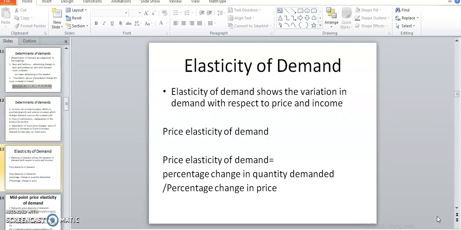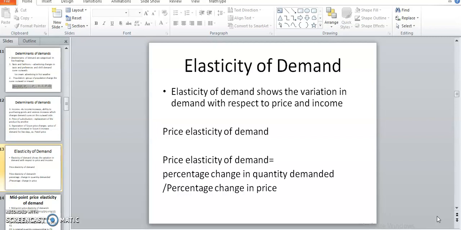One more term we introduce here is the elasticity of demand. It shows the variation in demand with respect to price and income.